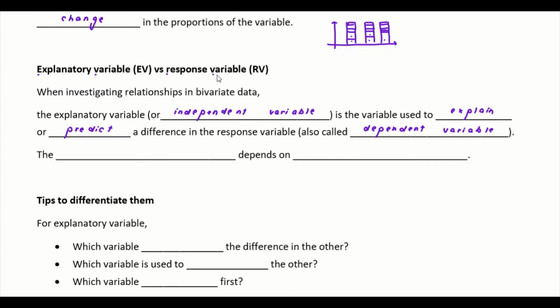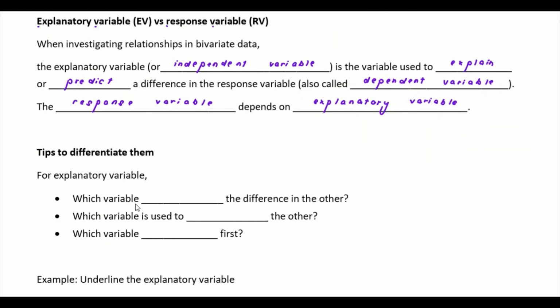So let's put it down: the response variable will always depend on the explanatory variable. This is one thing you can use when you want to identify the variables. We can apply this when we look at the example later. These are some tips to differentiate them.